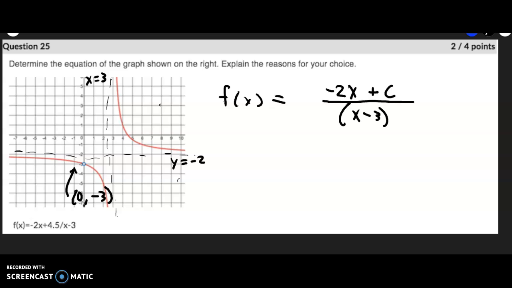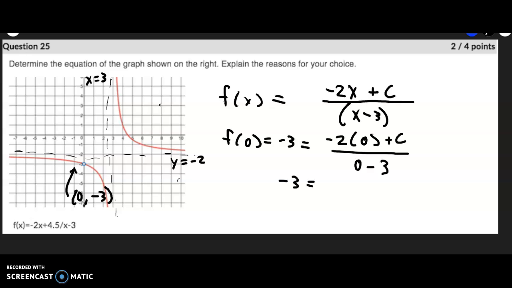So if you plug in 0 for x, you would have f of 0 is equal to -3, which is equal to (-2 times 0 plus c) divided by (0 minus 3). So then you would have -3 is equal to c over -3.